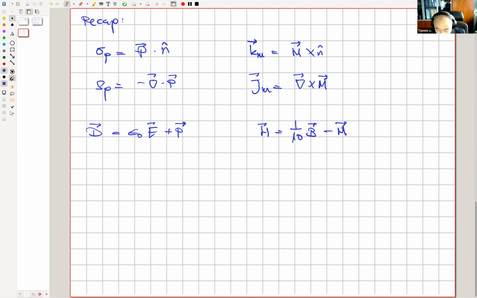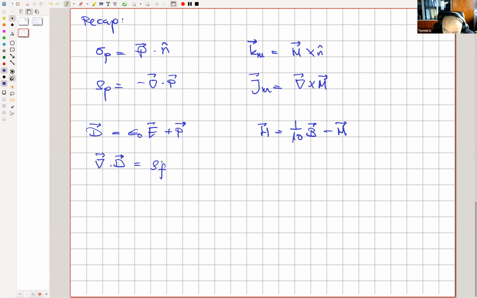And following from these, we get new Maxwell's equations, or Maxwell's equations in matter, so that we can write the divergence of D equals rho F. In this case, this is the free charge. Okay, so not the same as this rho P, which is the induced charge density. This is really the free charge density.